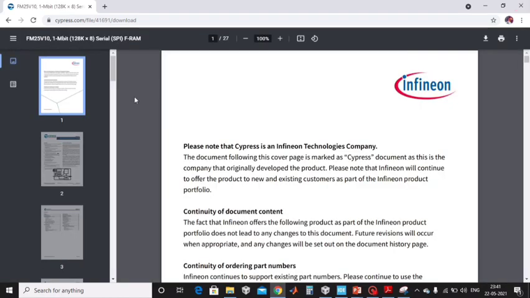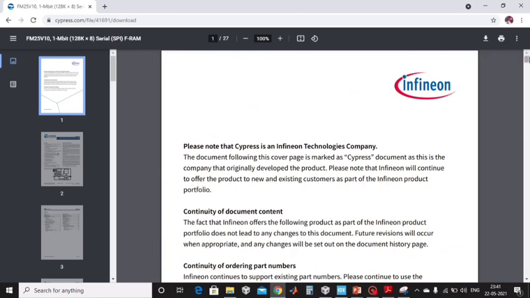So for those people who are new in this field, I have a very good piece of advice: they need to start reading the datasheet and start practicing how they can extract information from the datasheet.